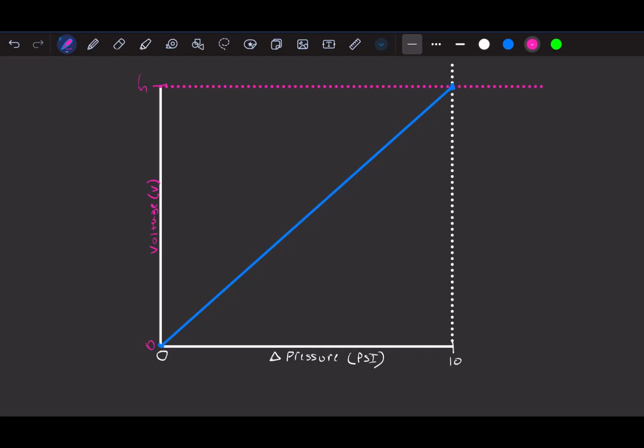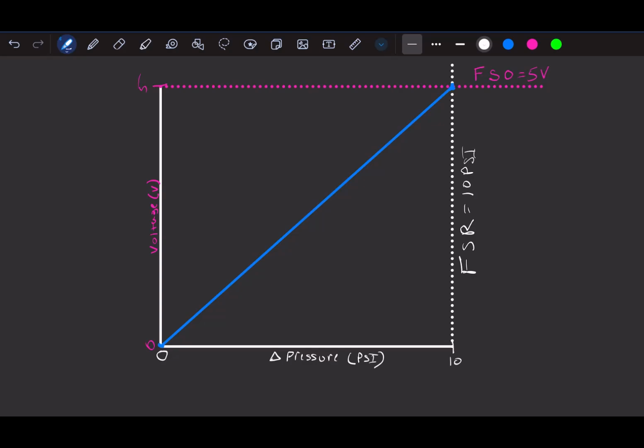First, this value of 5 up at the top has a special name. This is our full scale output, FSO, and that would be 5 volts. We also have a special name for this white dashed line over here. This is our full scale range, and in this case, this is 10 psi.